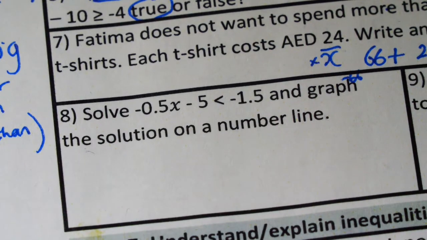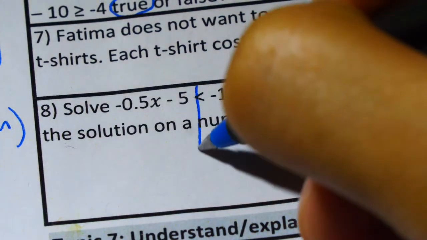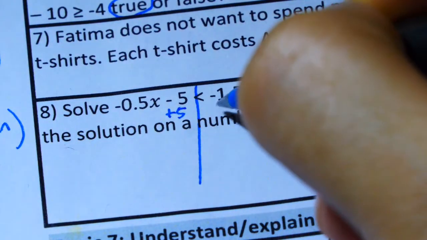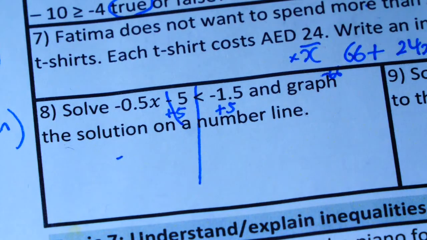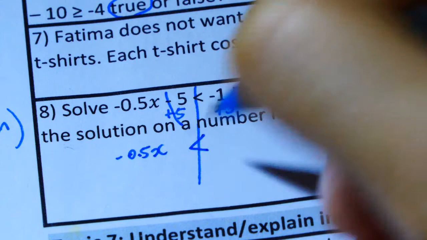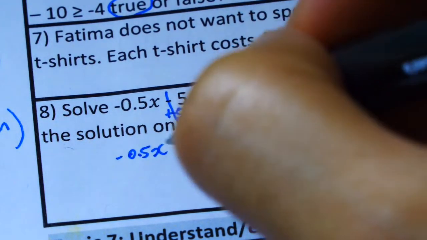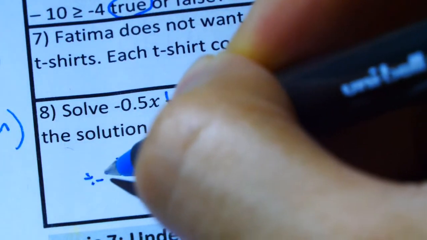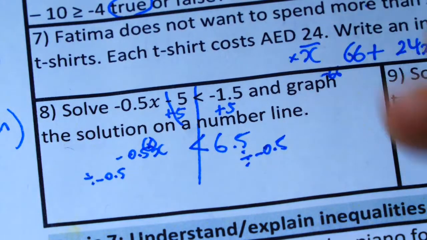Question 8. Solve and graph. So it's the same thing here. Put a line. Our x is here, so we have to do plus 5. Minus 5 plus 5, we cancel. Minus 0.5x less than 1.5 plus 5, 6.5. This means times, so divide by minus 0.5, divide by minus 0.5.